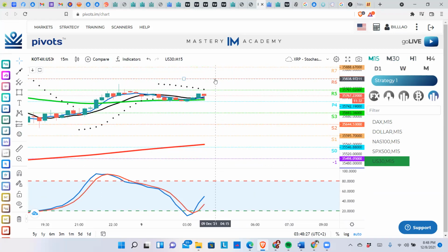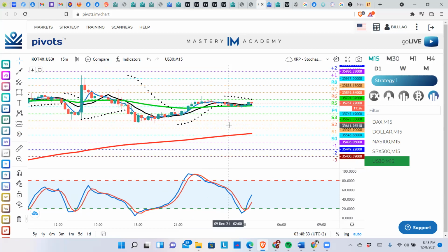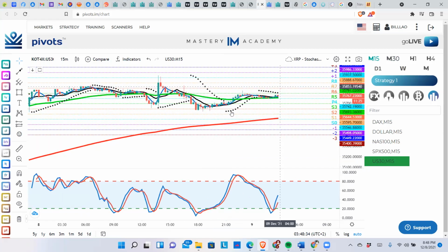Okay, I'll wait to see this market push up a little bit here, then I'll take it for the sell again. Ultimately, I'm in a sell starting from yesterday. The market pulls back up here, I'll probably take the trade again and then drop down all the way with it. Okay, but that's US 30.